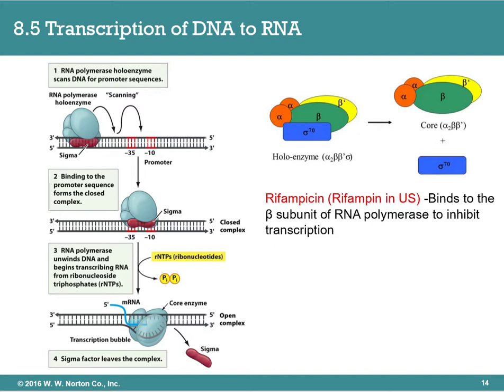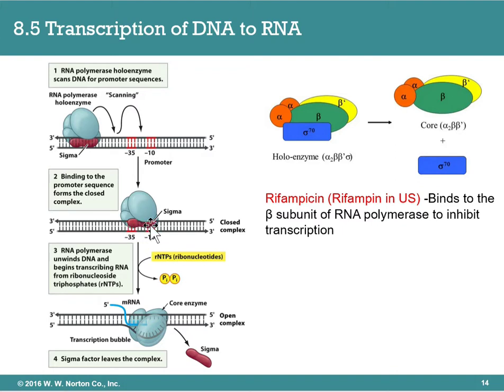RNA polymerase will come and scan the DNA, and then it will reach that promoter region. The RNA polymerase will be like, oh, the promoter is telling me that I need to make mRNA. So RNA polymerase will bind to the promoter region.